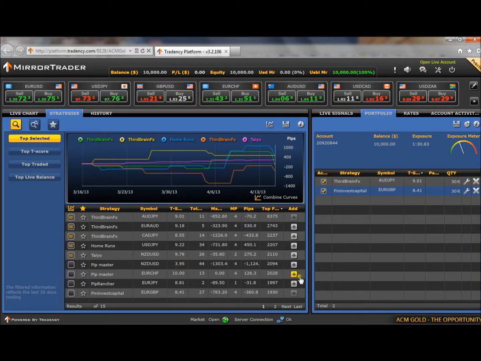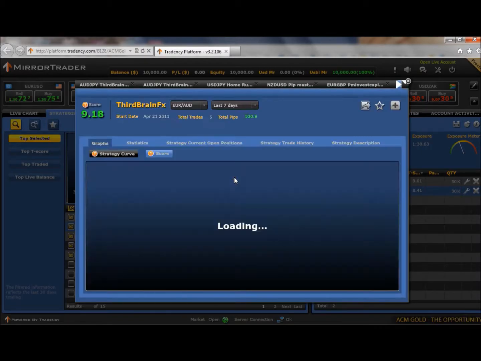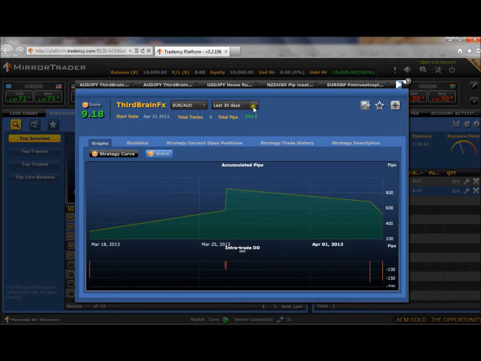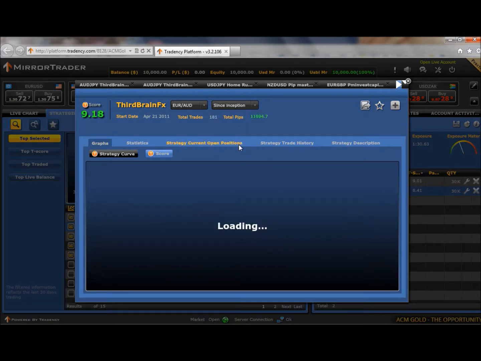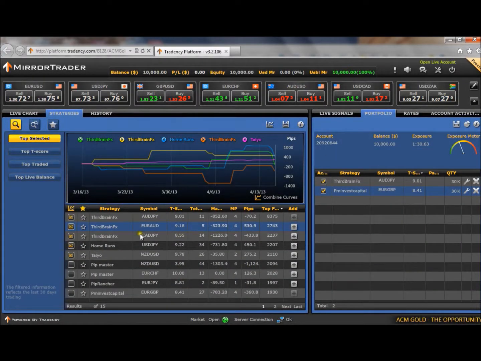Let's add another trader, maybe another Third Brain FX, just to show you what will happen to your exposure meter. Let's see, since inception again. Okay, it looks alright, but still that's not my kind of graph. Let's look at this one.